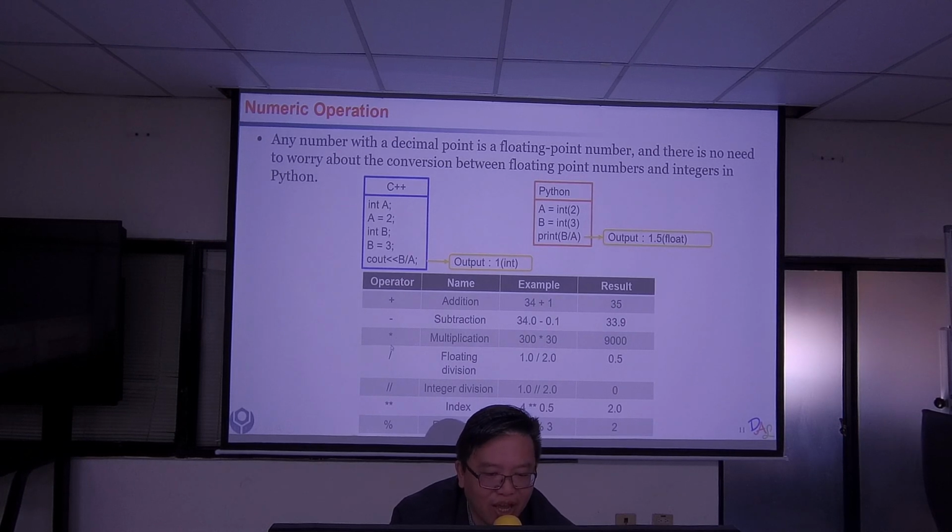This is multiplying, this is dividing, okay? So 1 divided by 2, the result is 0.5. You get floating results. But if you use double slash, it only gives you integer results.